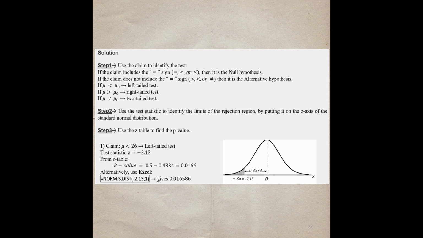Use the test statistic to find the limits of the rejection region. Step 3. Use the z-table or Microsoft's Excel to find the p-value. So, in question 1, the p-value is 0.0166. Keep in mind that p-value stands for probability value, and it is the shaded area under the z-distribution graph.